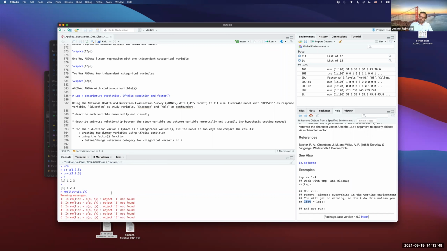And then rm(list = ls()) will allow you to delete or remove every object that's currently loaded in the environment, which is super useful.